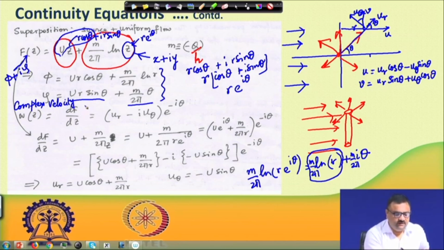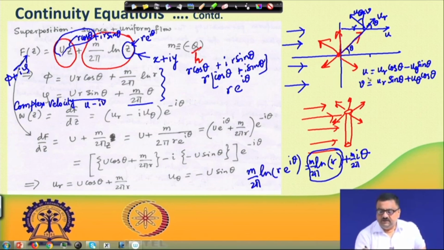Then we said that by our original definition, df dz was u minus I v. So, we had written it here, let me erase a bit.